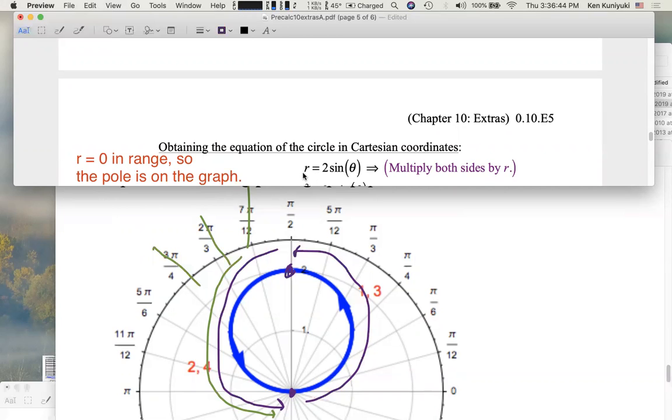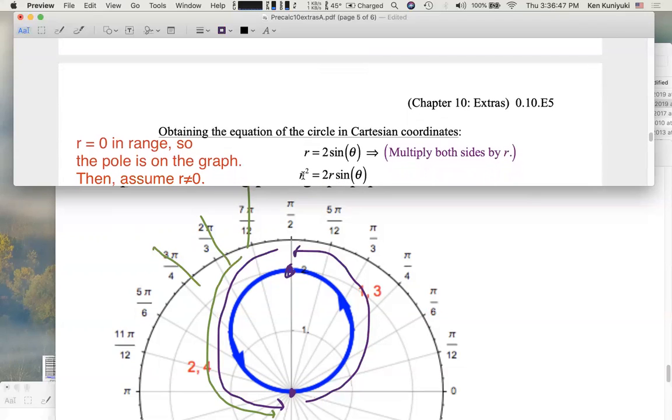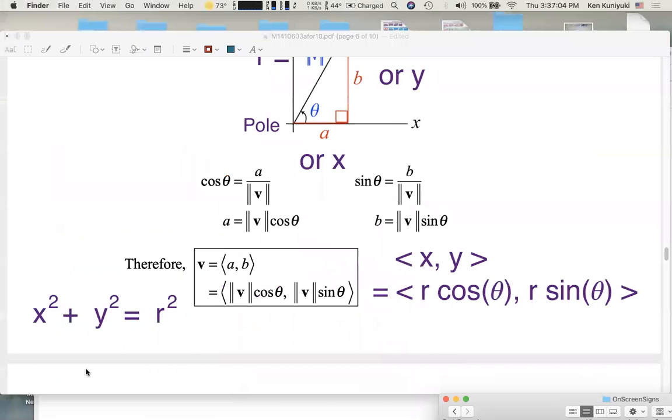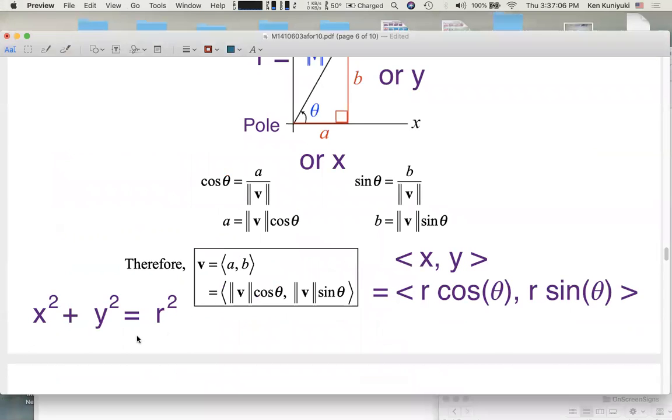r times r is r squared, and that equals 2r sine of theta. Now remember, how do we convert from polar back to Cartesian? What is r squared in Cartesian, and what is r sine of theta in Cartesian? Remember, r squared is x squared plus y squared, and y is r sine of theta.